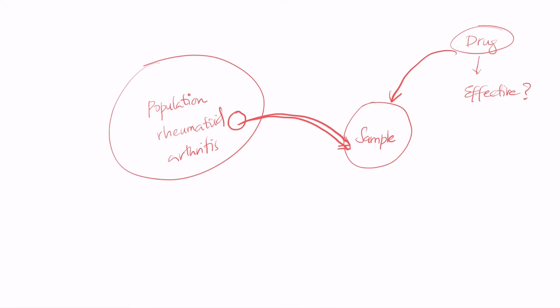Once we check the drug on the sample, if it is effective, we put a tick. Let's say in the sample we took 100 people and it worked in 95 out of 100. Then we'll try to deduce what would be the probability that it works on the population. So this is the concept of inductive reasoning.